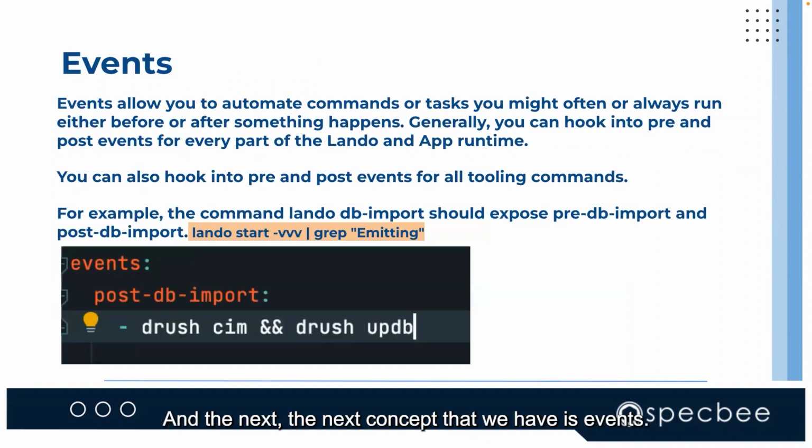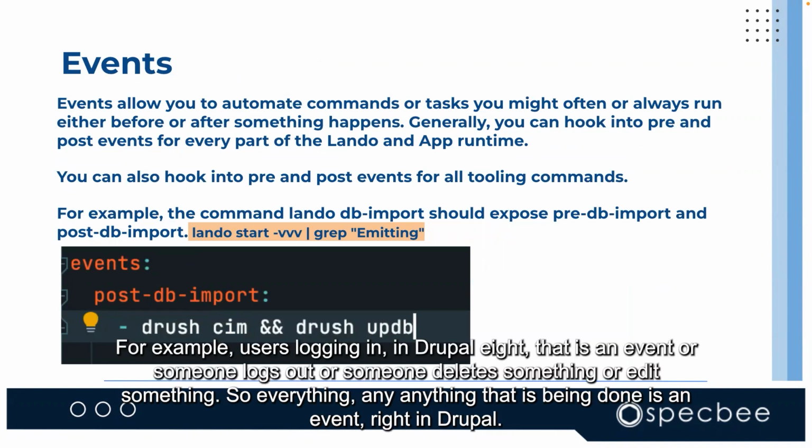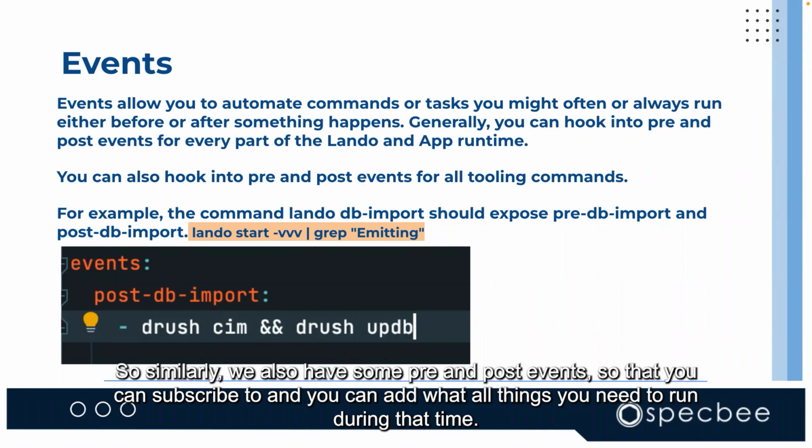And the next concept that we have is events. So like we talked, we can subscribe to any events. It's like any other Drupal event. For example, a user logging in to Drupal, right? So that is an event. Or someone logs out, or someone deletes something, or edits something. So anything that is being done is an event in Drupal. So similarly, we also have some pre and post events that you can subscribe to and add what all things you need to run during that time.